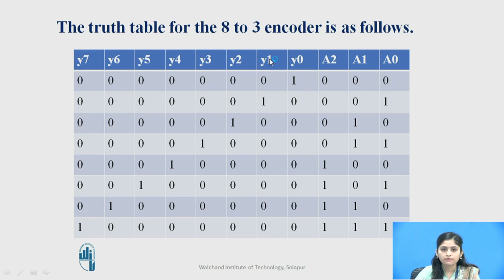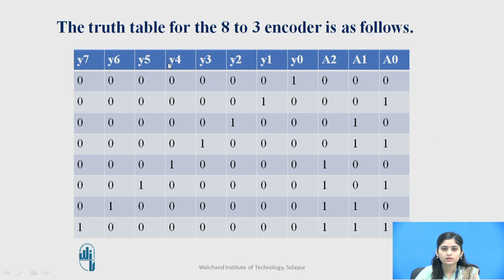Now if our Y1 bit is active and other input bits are inactive here, then we are getting output as 0 0 1. When our input Y2 is active and other input bits are 0 here, then we are getting output as 0 1 0, that means decimal number 2. When our input Y3 is active and other inputs are inactive here, then we are getting output as 0 1 1, that means decimal number 3.